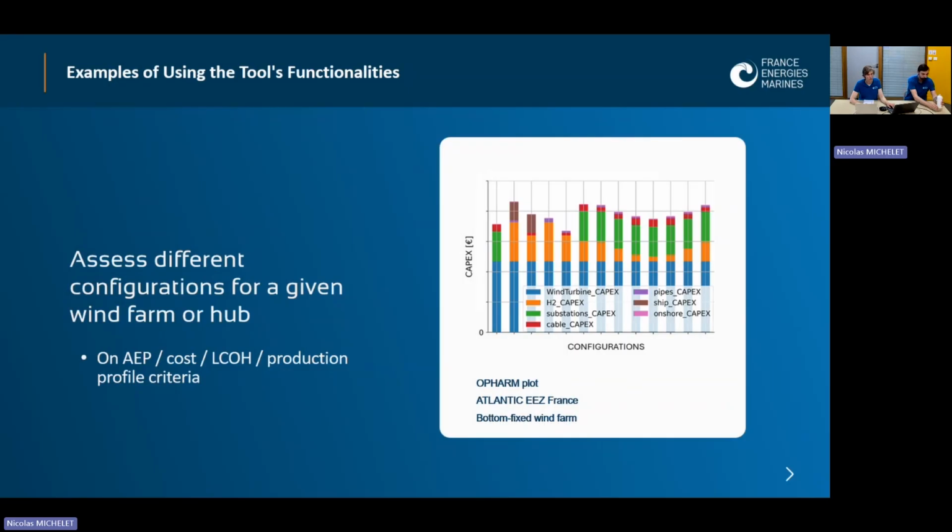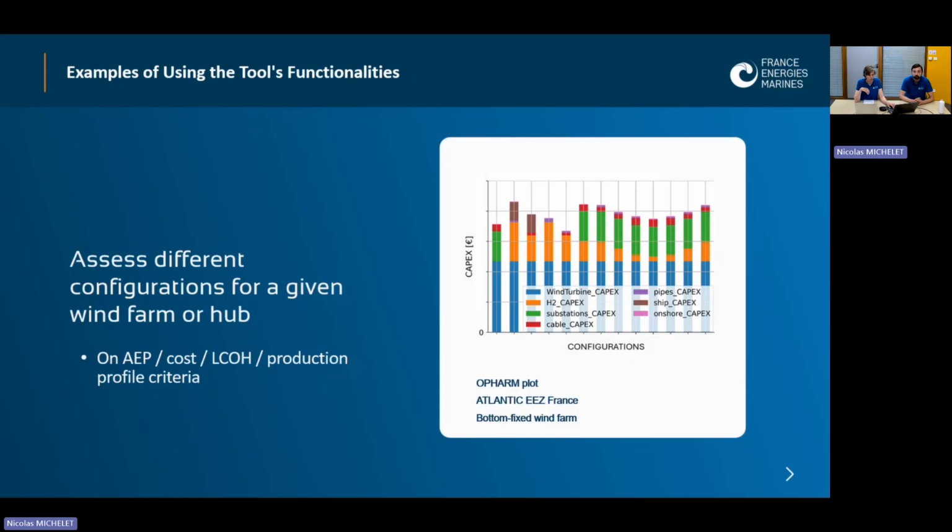It's for a wind farm in the Atlantic economic zone of France. And here it's for a bottom fixed wind farm, and we can see the CapEx criteria, and we can see how it is split for different cases.